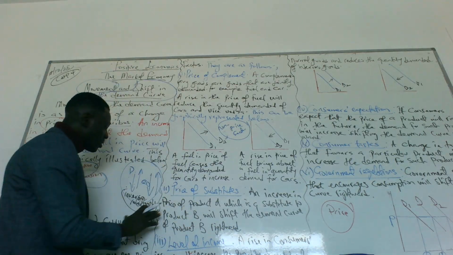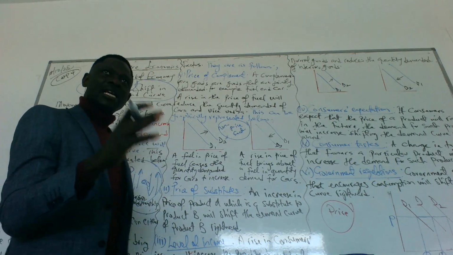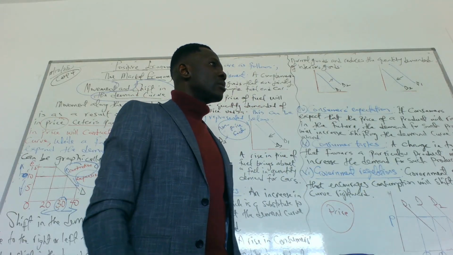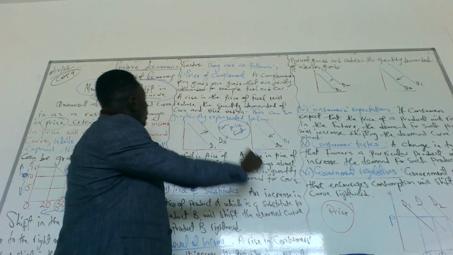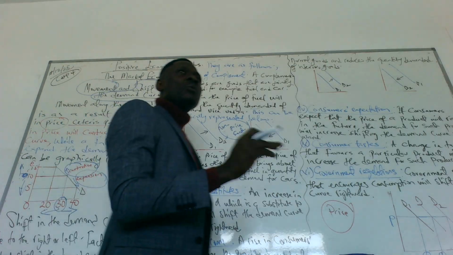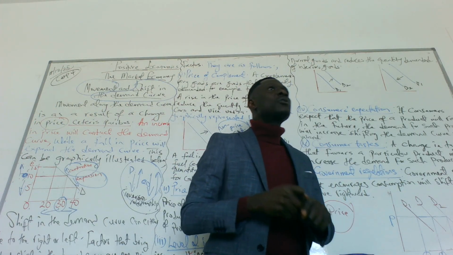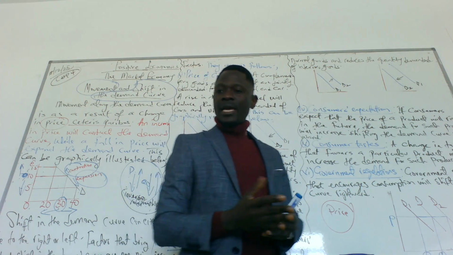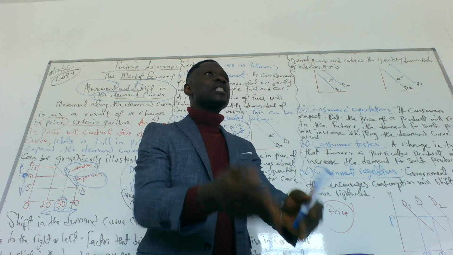So we go to factors that bring about a shift to the left or to the right of the demand curve. Can you see that properly, please? The first factor we're going to talk about is the price of a complement. What are complementary goods? Complementary goods are goods that we demand jointly. Just like my laptop and the charger.